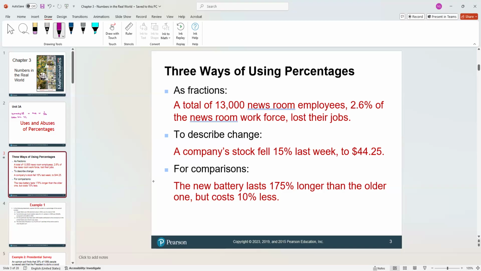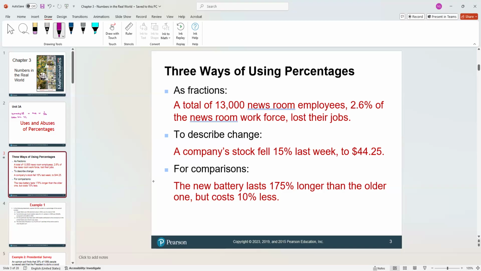How to describe change. First of all, you see the fractions we gave you. But how about to describe changes? To describe change, like the company stock fell 15% last week to $44.25.